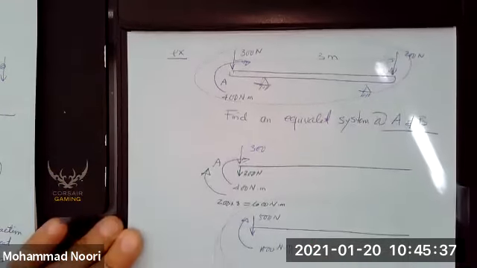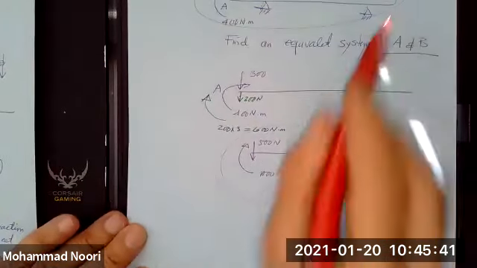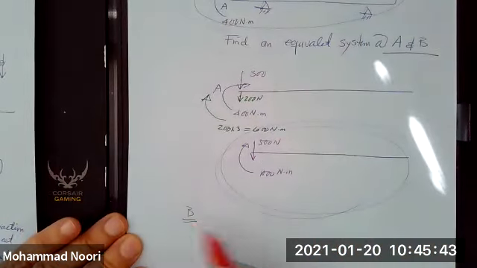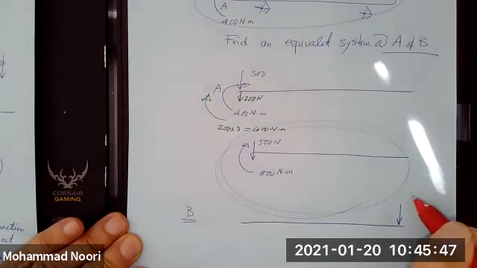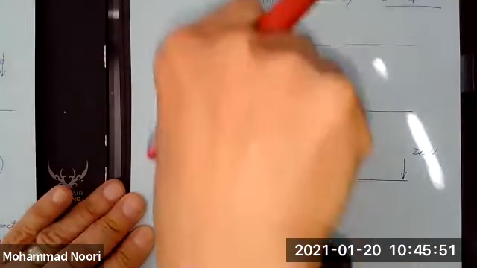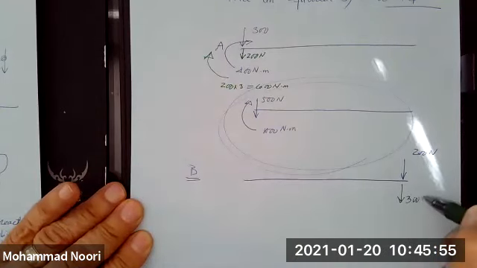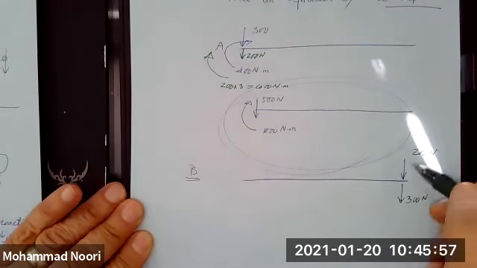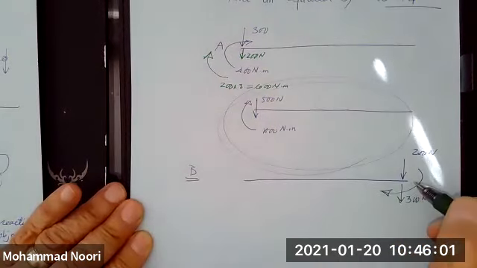How about if I wanted to move everything to point B? What do I do? This force is already here, so I need to move this force, putting it here. This is a free moment, so a moment can be put anywhere.